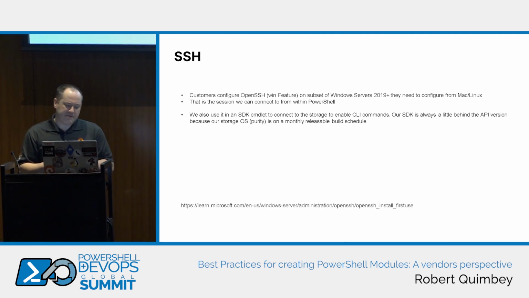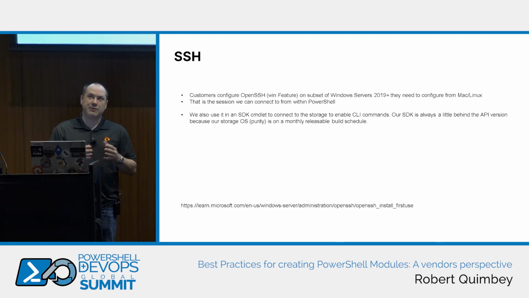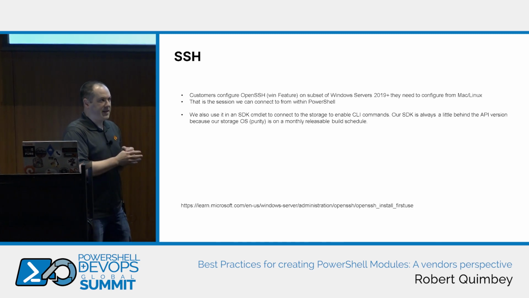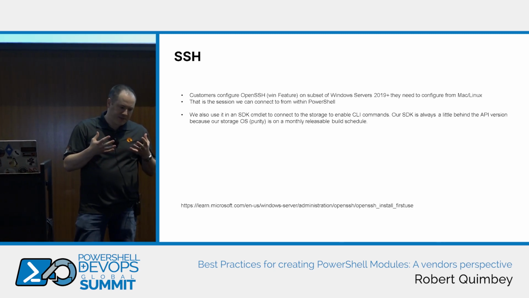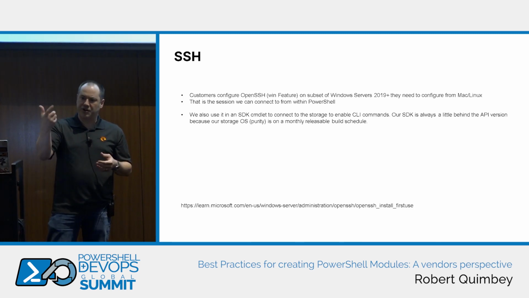One of the other things that we've done is we have some commandlets where if you think of an SDK that's trying to expose APIs on a storage array, that's one thing. We also have use cases where we're dealing with LUNs inside of Windows, for instance. And we want to be able to allow you to run the operation from any PowerShell session because you're going to declare the endpoint.